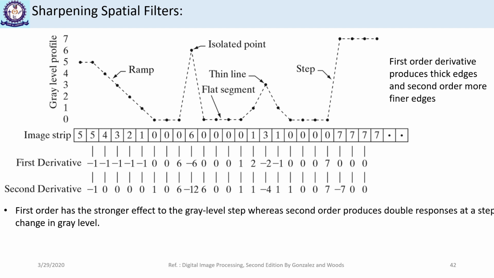First, if we look at the ramp signal, so this is the ramp. Here intensities are continuously decaying.